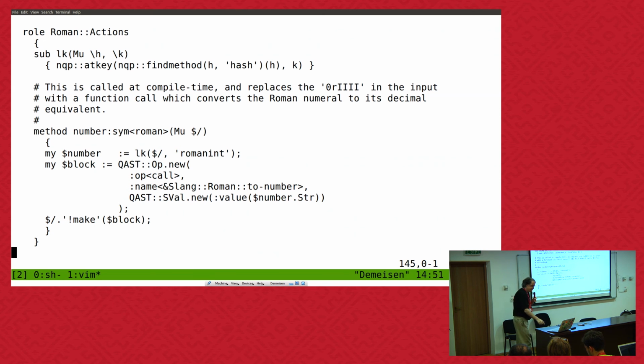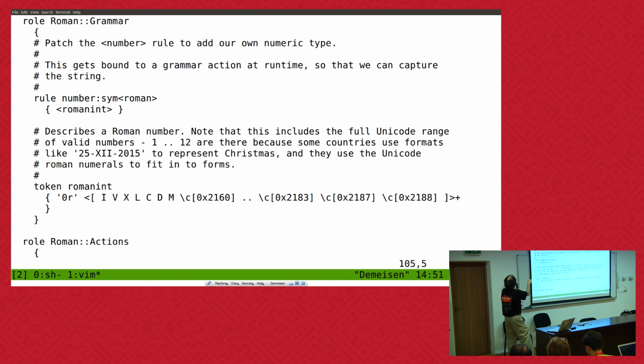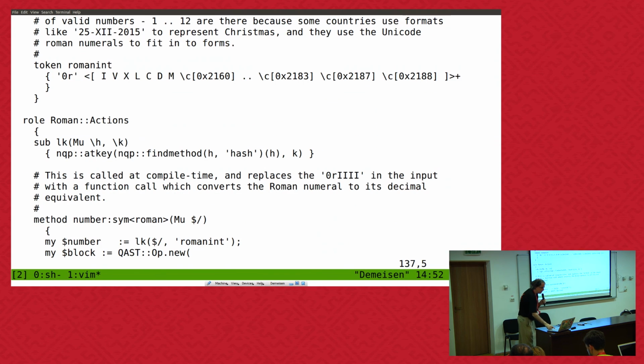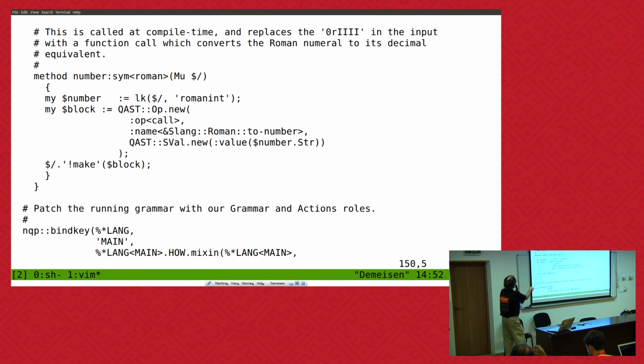We create a grammar that matches what we want, and we create a set of actions down here so that when the Roman int token fires, whenever that gets called, we call this method, which is back in our Perl code.